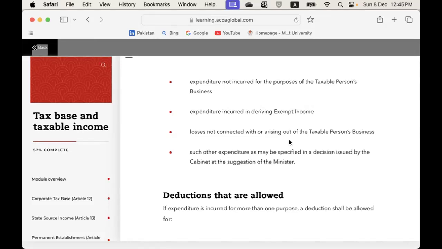So, for example, Farjad, think of resident dividend income. One company is receiving dividend income from their investment in local UAE company shares. In order to earn that dividend income, they had to maybe pay some fees to certain brokers, right?